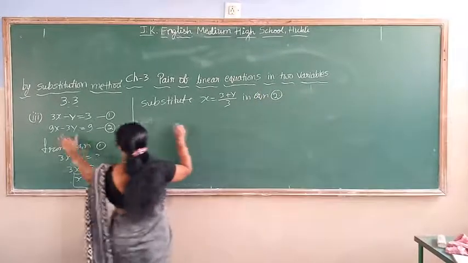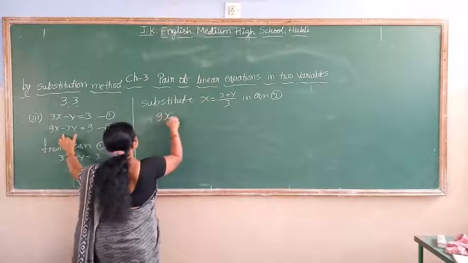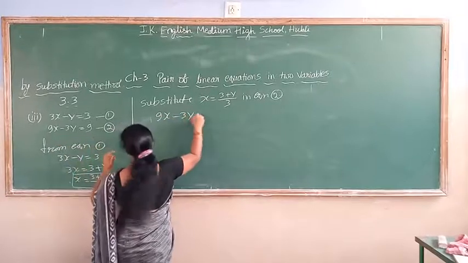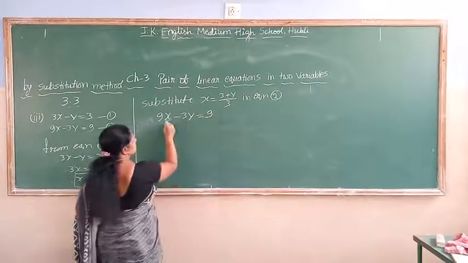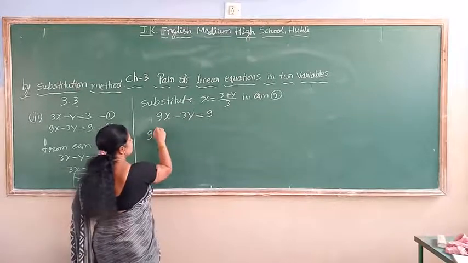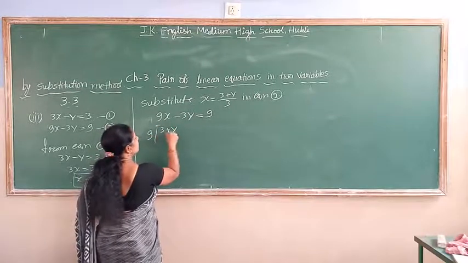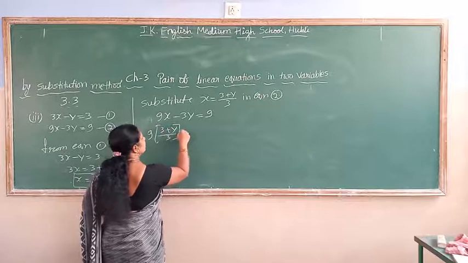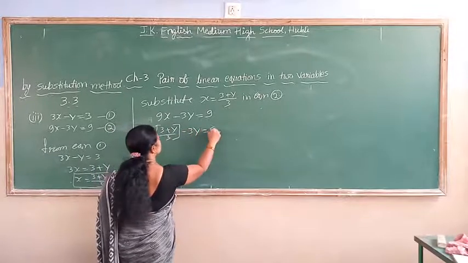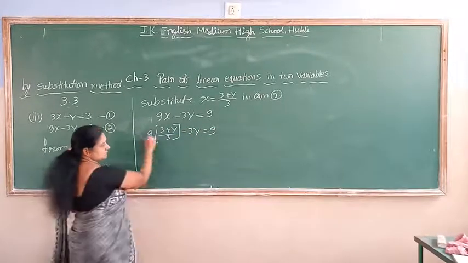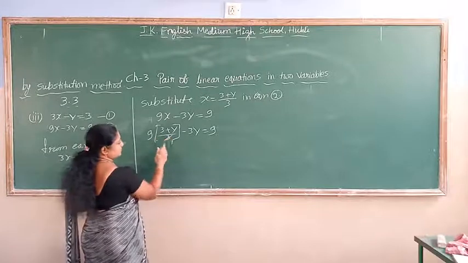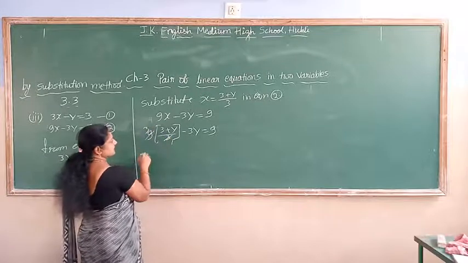So equation 2 is 9x minus 3y is equal to 9. In place of x, substitute (3 plus y) divided by 3, minus 3y is equal to 9. See now, this multiply, division. 3 ones are 3, 3 threes are 9.